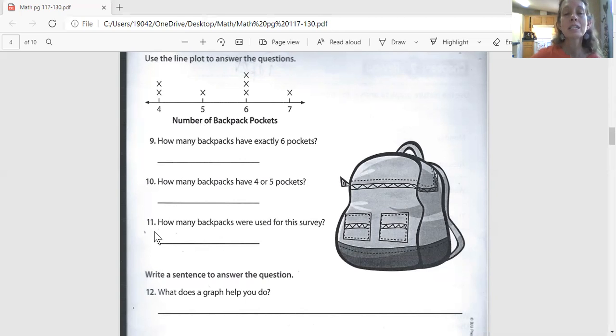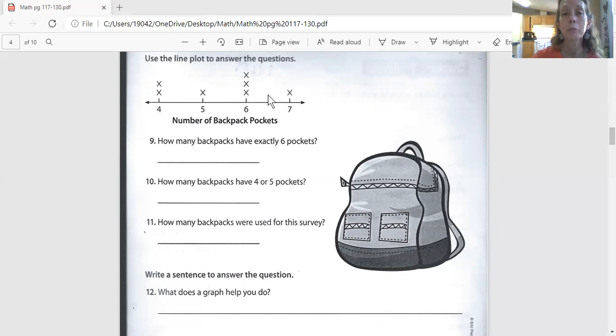And number 11 says, how many backpacks were used for this survey? Kylie, I'm going to ask you this question. When I count these backpacks, am I going to add these numbers or subtract these numbers? You said add, you are correct, because we want to find out how many children had backpacks with 4 backpack pockets, 5, 6, or 7.